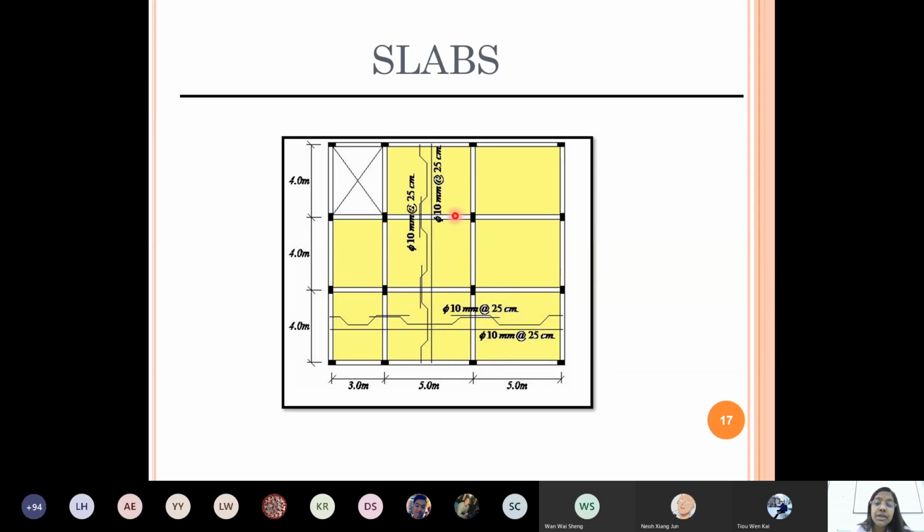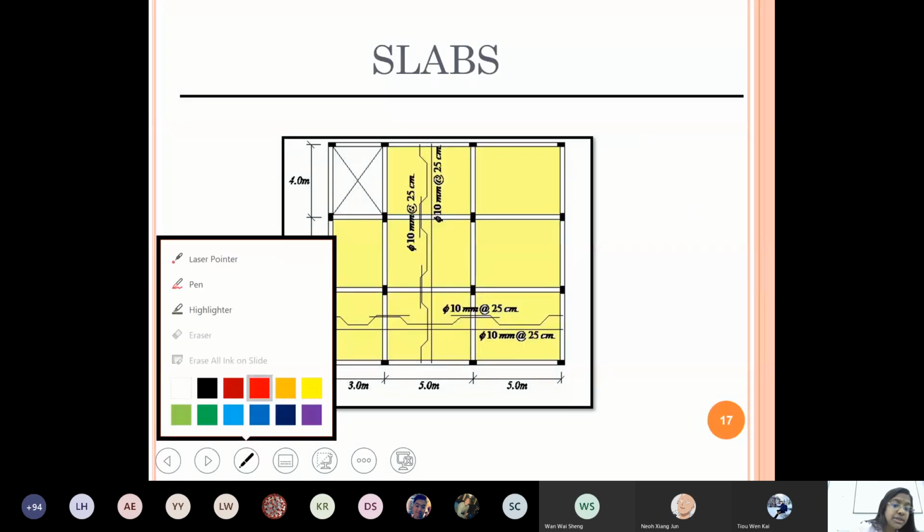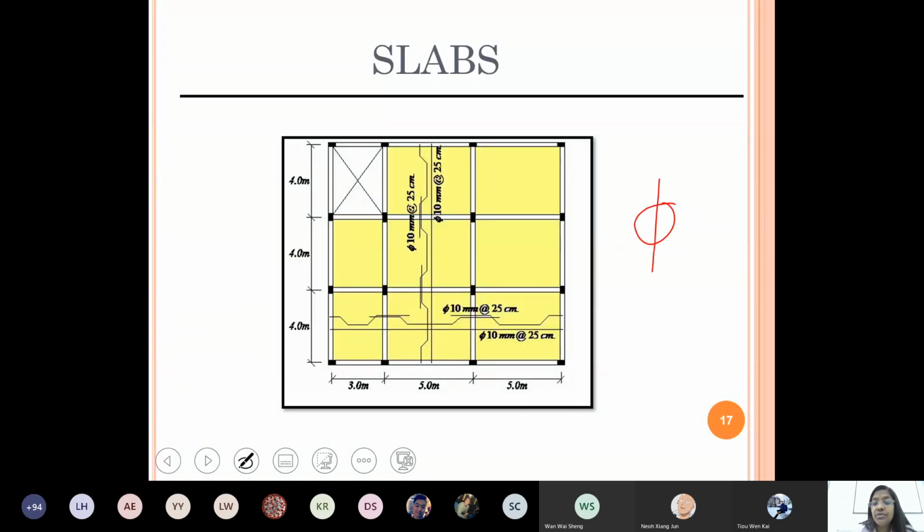You see here, what is this? I start with 25 centimeters, all the same diameter. They use both as the same diameter. Here you are seeing the slab, and 4 meter, 4 meter, 4 meter. They design it such a way that they will have 10 mm at 25 centimeter. If they put the symbol like this in a structural drawing, I think you would have seen it in many drawings.